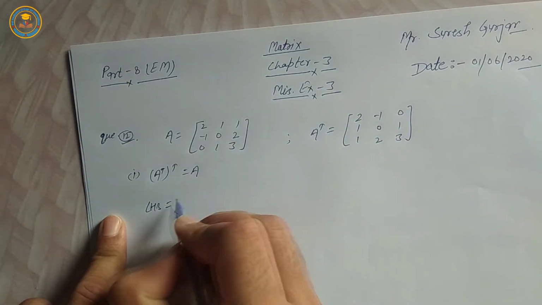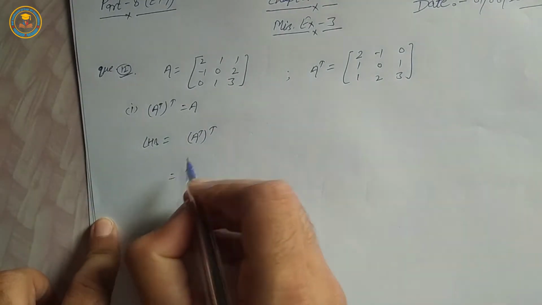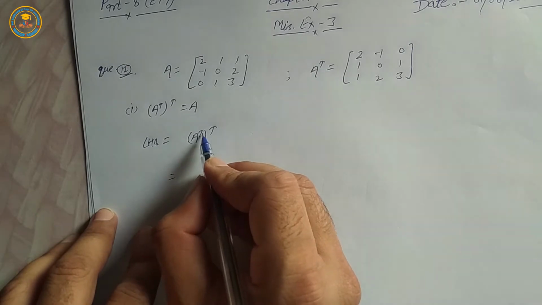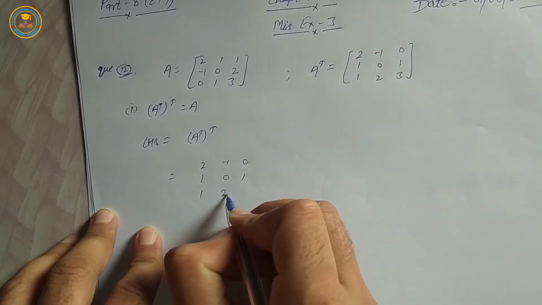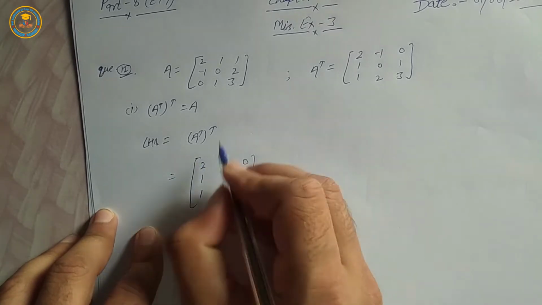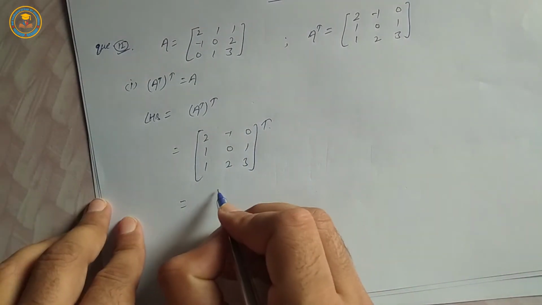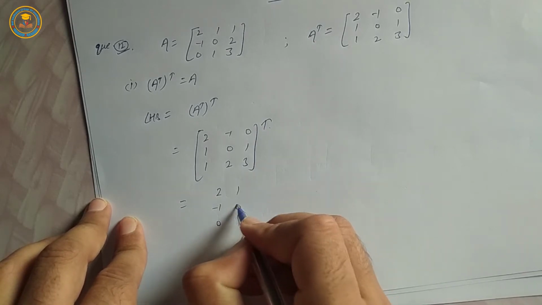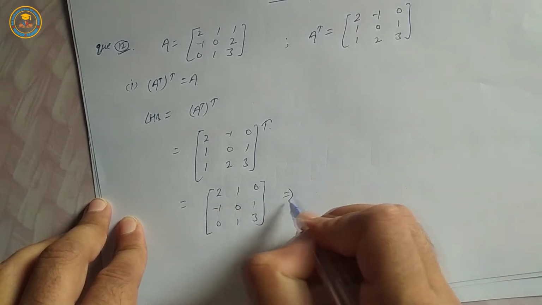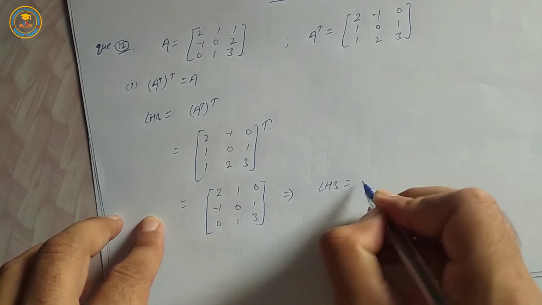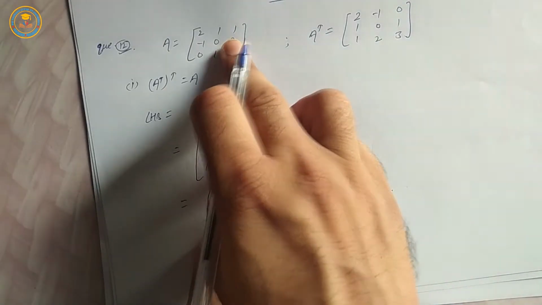Left side, LHS, is equal to (A^T)^T, which is the transpose of matrix A^T, that is [2 1 1; -1 0 2; 0 1 3]. This implies left is equal to right. That is matrix A.